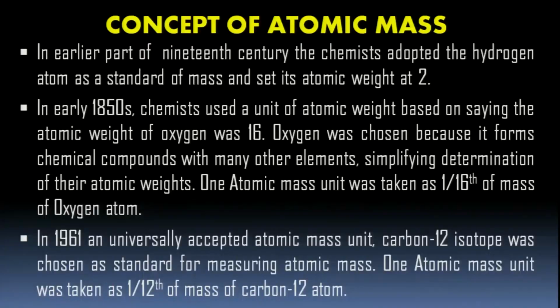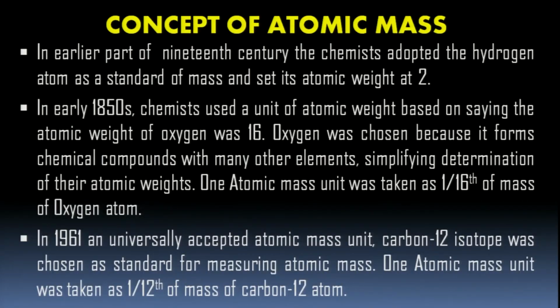Then what's the next step? The next step was they thought of some element which is reactive. It reacts, it is found in abundance, and it has a tendency to mix with other elements also, and that came out to be oxygen. Okay. They even tried, say, in 1850s, what happened?